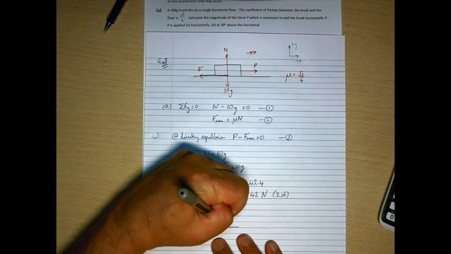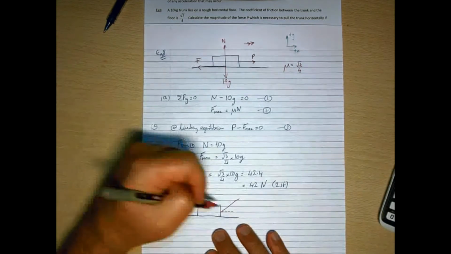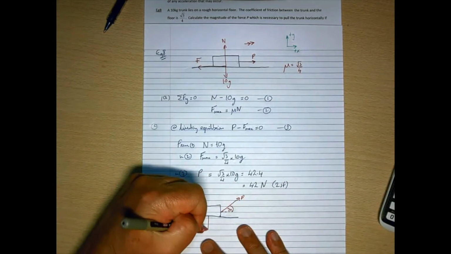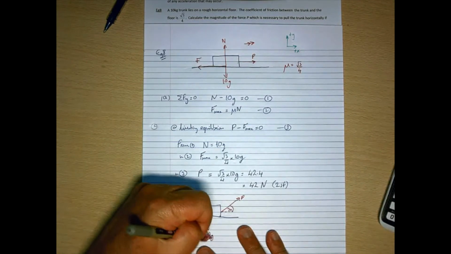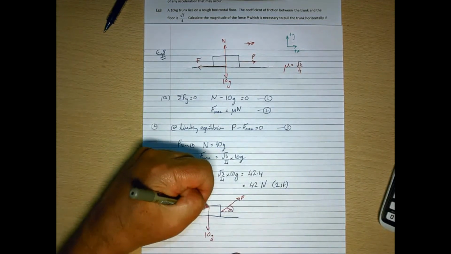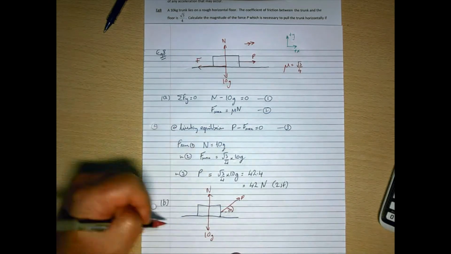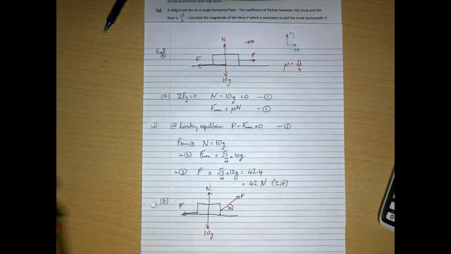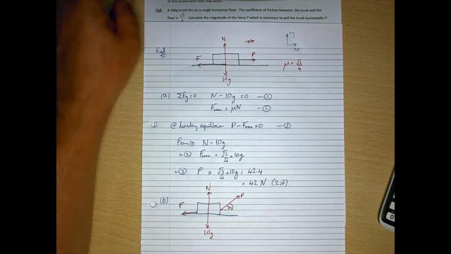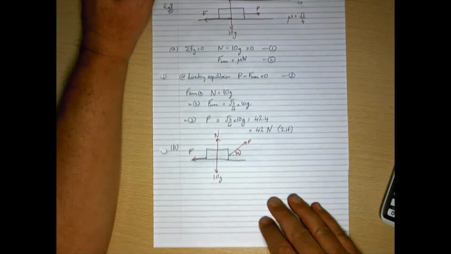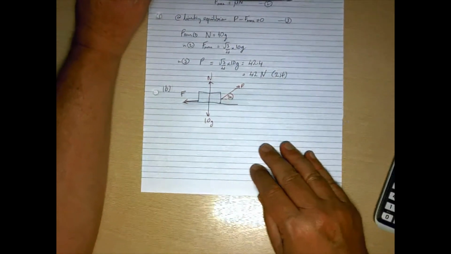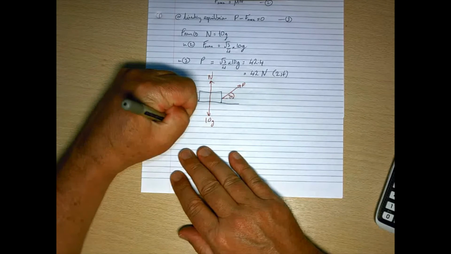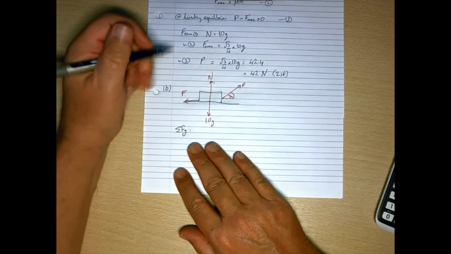So now we're going to have a 30-degree angle, P. We're still going to have a 10g weight and a normal reaction, and we're going to have the frictional force there. So now when we resolve, first of all, let's do the y components.